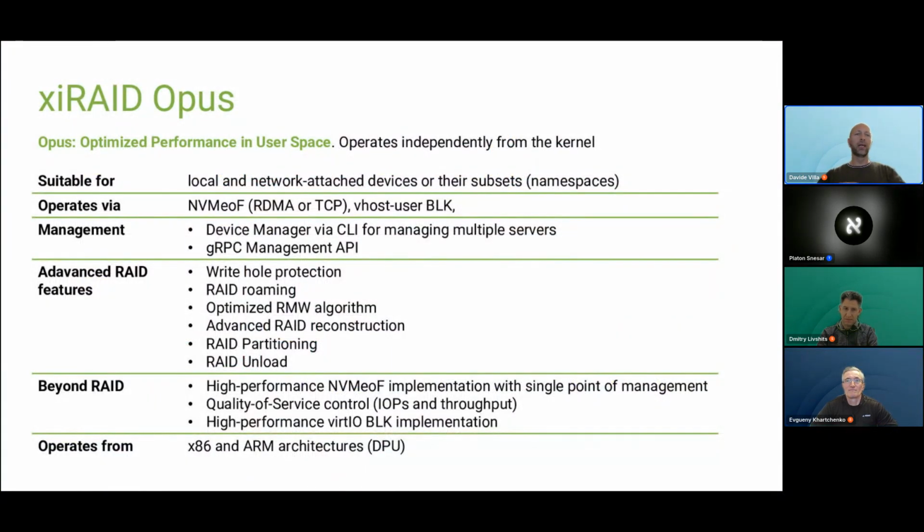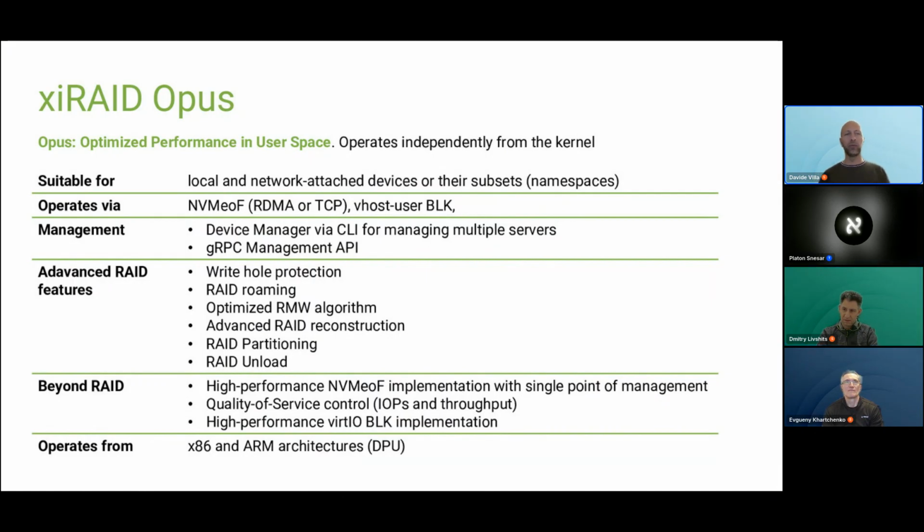Okay, very good. Thank you. So let me now introduce xiRAID Opus. If you are familiar with our product technology, you are familiar mostly with xiRAID Classic, which is the version of our RAID engine operating in kernel space. But we also have a user space version of the product, which we call Opus, Optimized Performance in User Space.